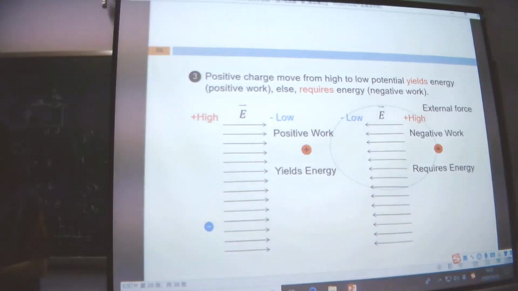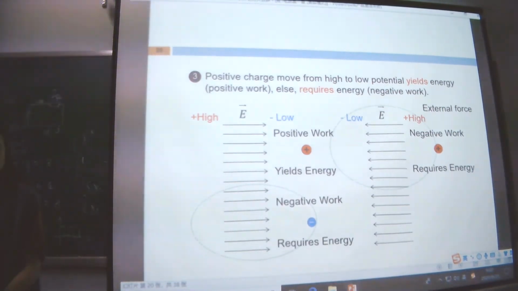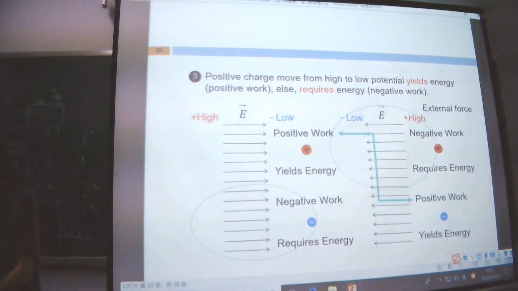And we put a negative charge here and move it from the left-hand side to the right-hand side. This one does negative work and requires energy. And if we put a positive one here, it does positive work and yields energy. And we will find these two cases are the same, and this case is the same. The same means doing the same work and yielding the same energy.